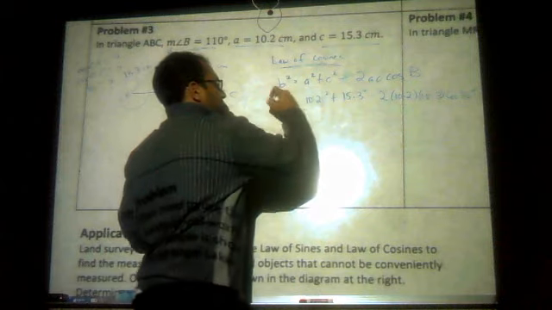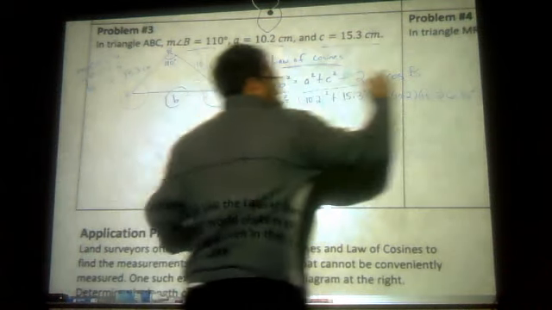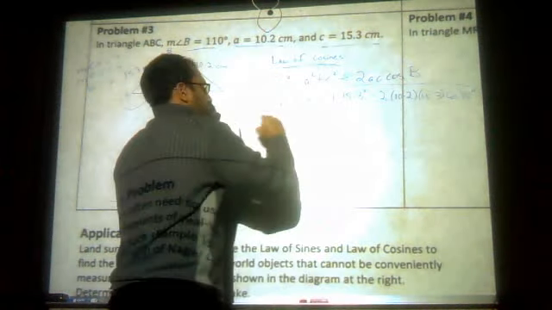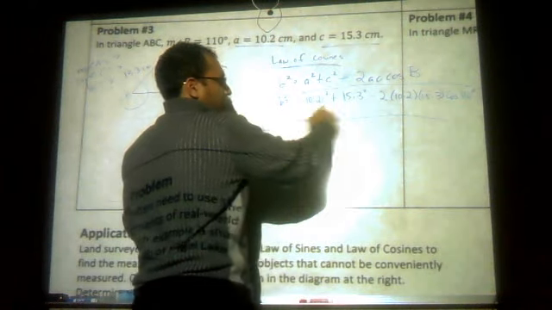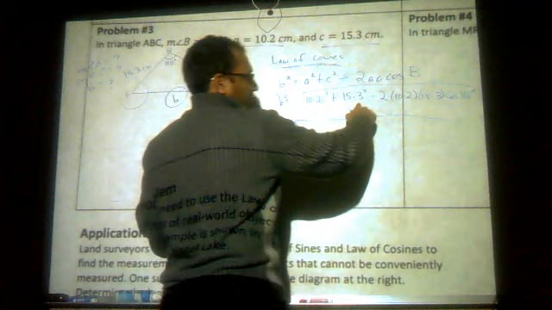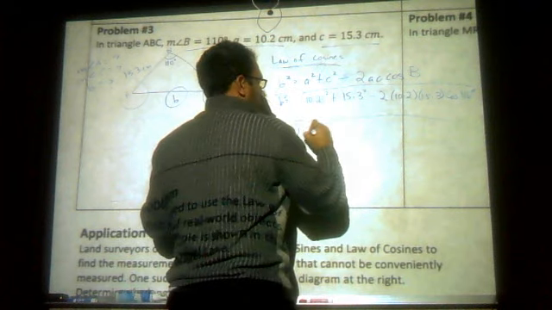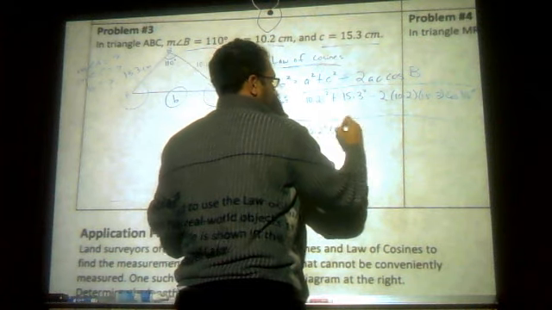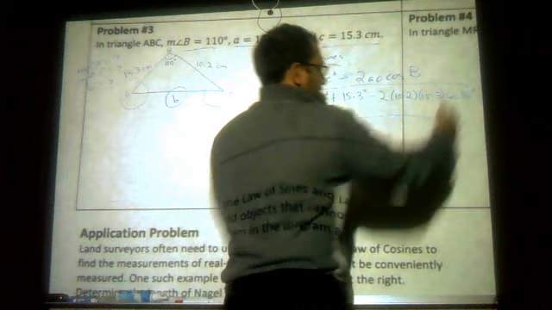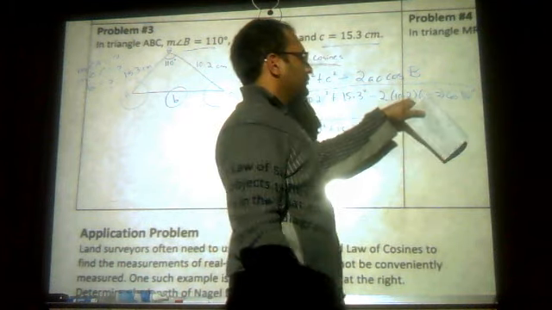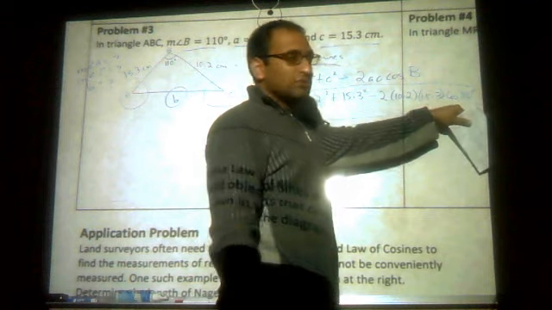So whenever you solve for B, how are you going to solve for B? You take the square root. So B is equal to the square root of 10.2 squared plus 15.3 squared minus, this is an entire function, 2 times 10.2 times 15.3 times the cosine of 110.